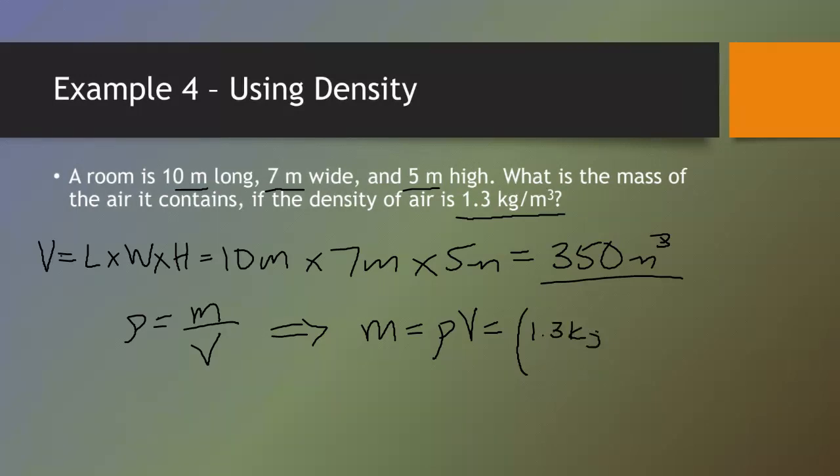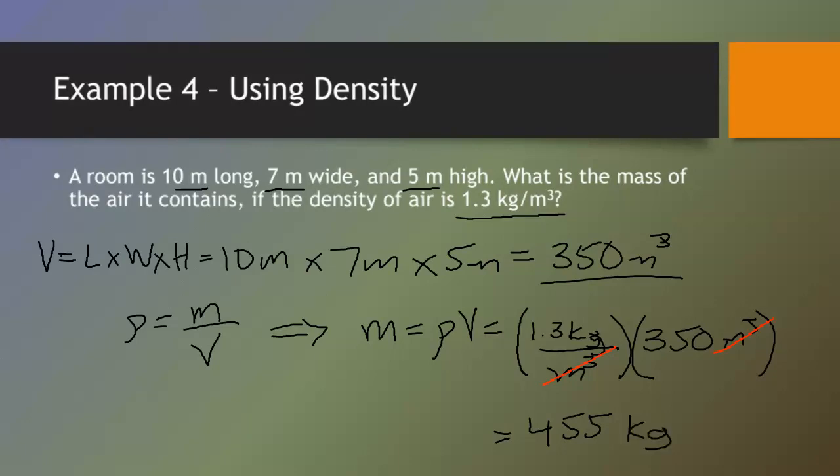I don't know why I have so much trouble with this. Times the volume, which is 350 meters cubed. The cubic meters will cancel, and you're going to be left with units of kilograms. And when we multiply 350 times 1.3, you'll find that the air in the room has a mass of 455 kilograms.